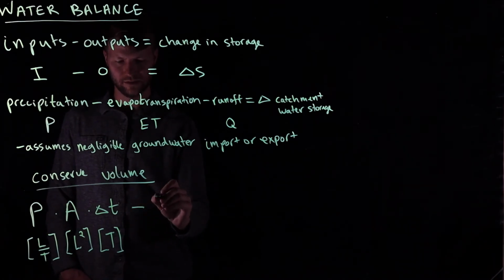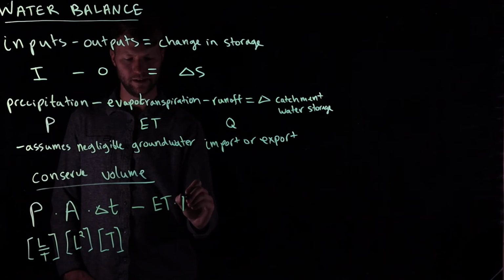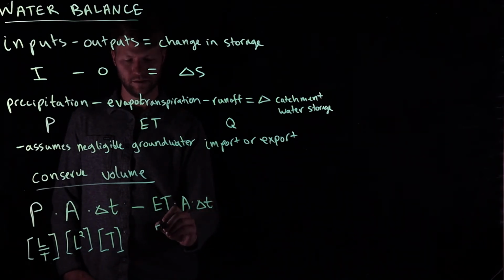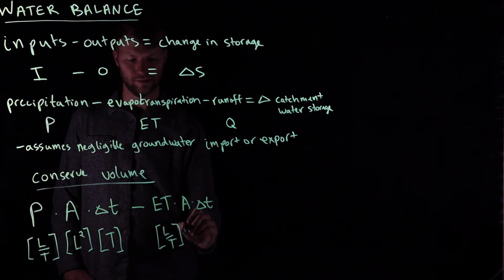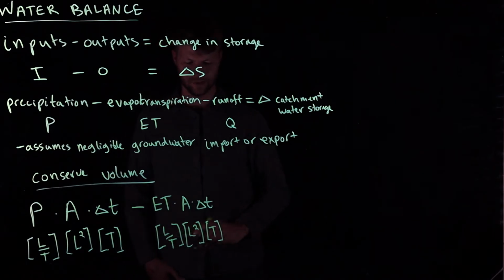We'll subtract from this ET, and we need to do the same thing here, A times delta t, because ET is also typically described in dimensions of length per time. These capital letters denote the dimension.